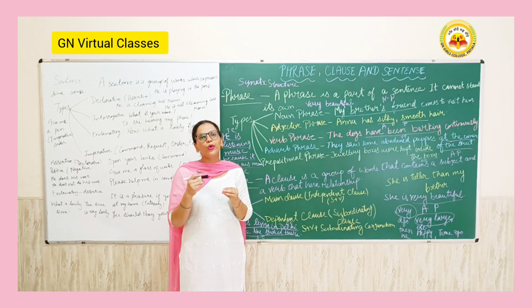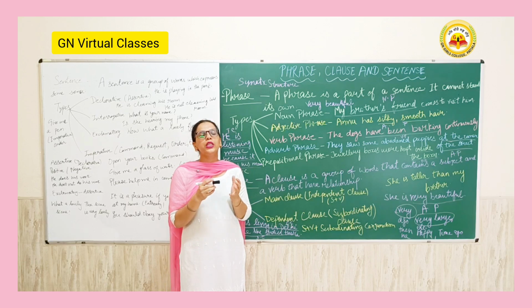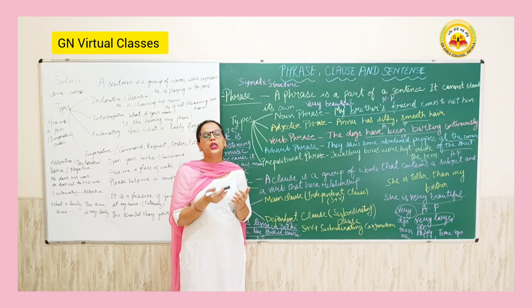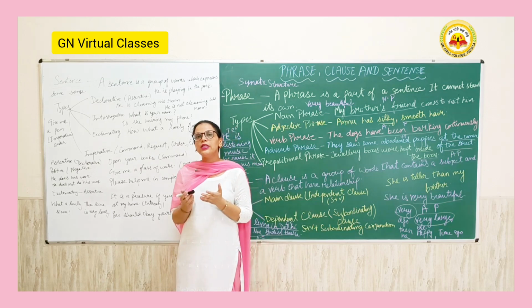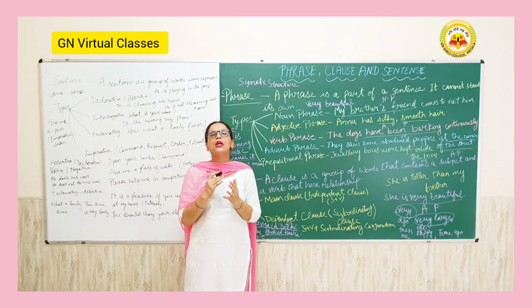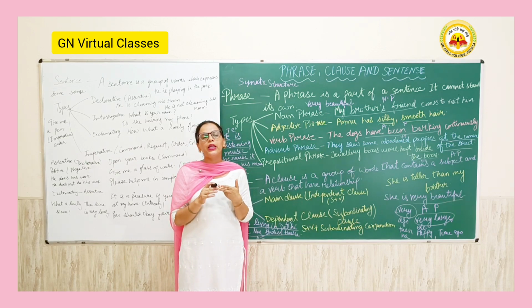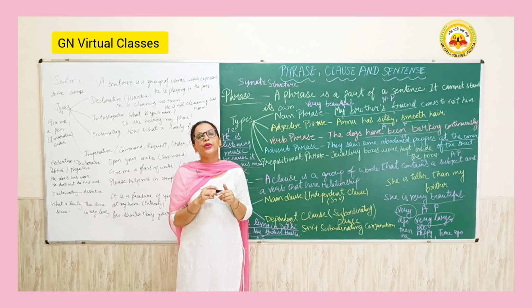An independent clause stands on its own, but a dependent clause is dependent on an independent or main clause, and it is joined with the independent clause with the help of a subordinating conjunction. Then a sentence is a combination of words which expresses a meaningful sense. This is divided into four parts: imperative, declarative, interrogative, exclamatory.